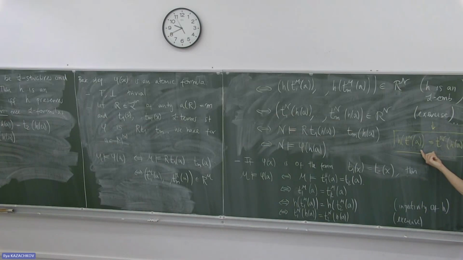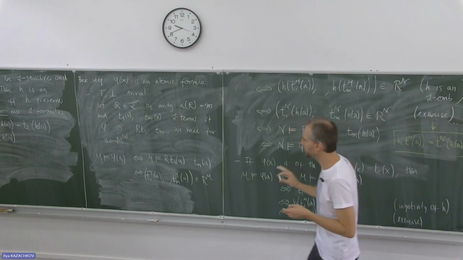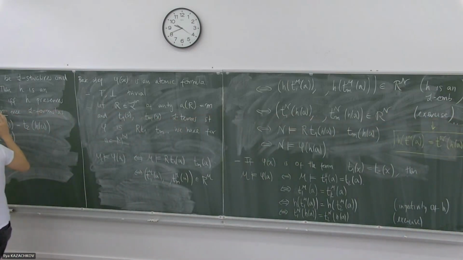The condition of an L embedding I state as a commutative diagram for the functions of the language. Basically, you need to use this to prove this kind of commutativity for all terms. And this is what we used also in both cases. We really used all conditions of being an L embedding. Okay, now the inductive step.